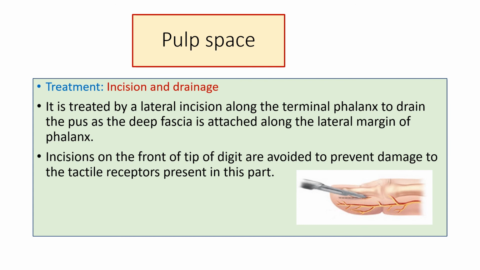Then the incision is continued to the edge of the fingertip, about 5 millimeters away from it, and then it has to be deepened and the pus drained. Incisions onto the fingertip are avoided to prevent damage to the tactile receptors present in this part.